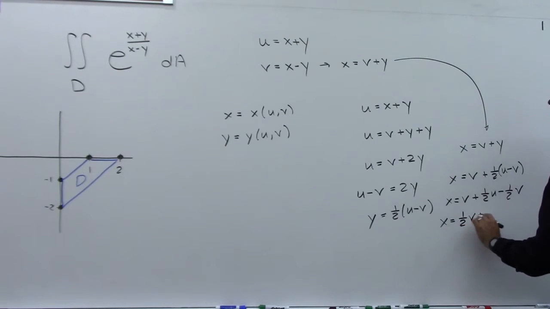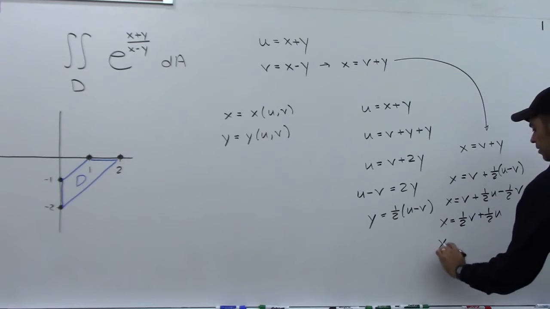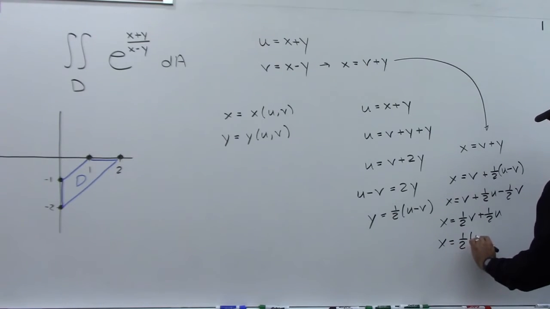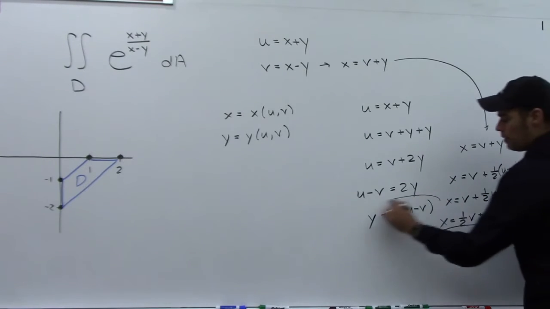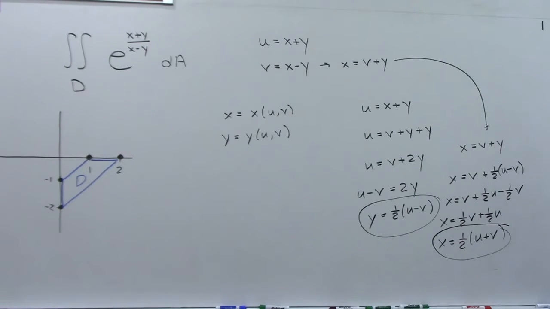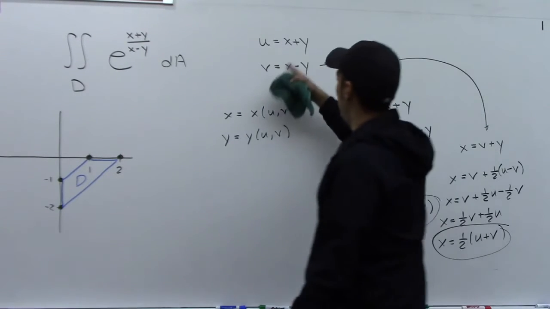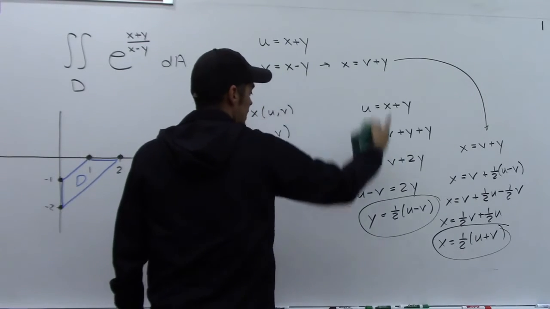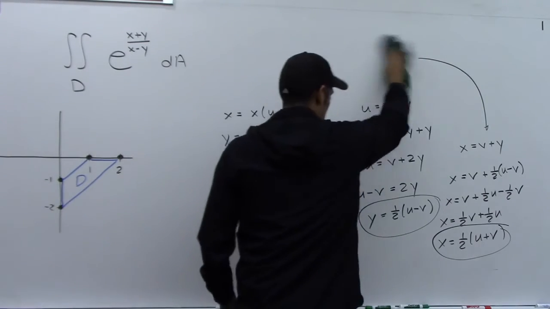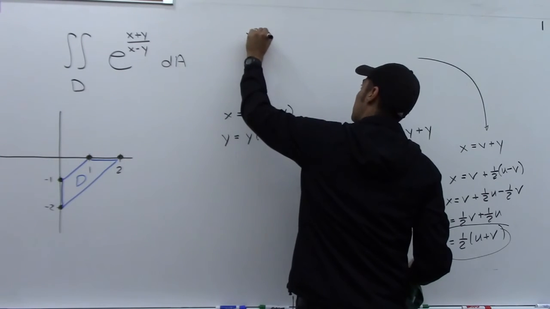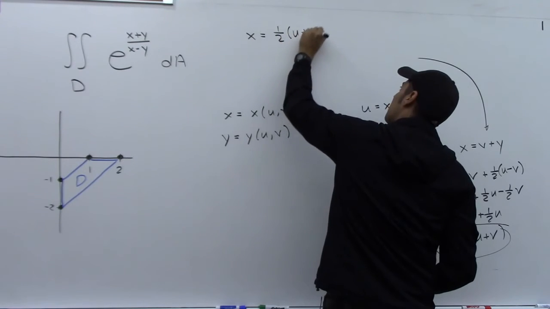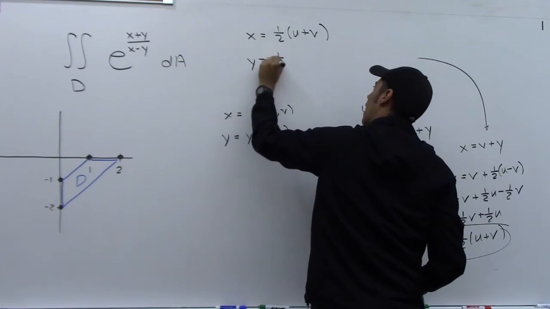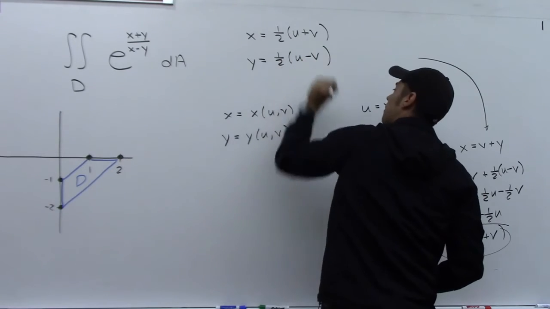Half v plus half u. So x is equal to 1/2 (u plus v). So there we go. We've got our two x and y equations, both in terms of u and v. This was my guess as to what I was going to replace these with, and then I was able to convert those into what I needed. So x is equal to 1/2 (u plus v), and y is equal to 1/2 (u minus v).